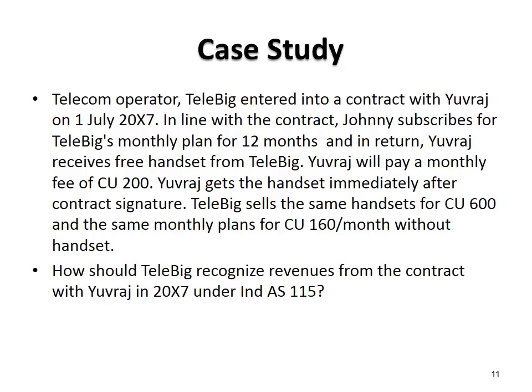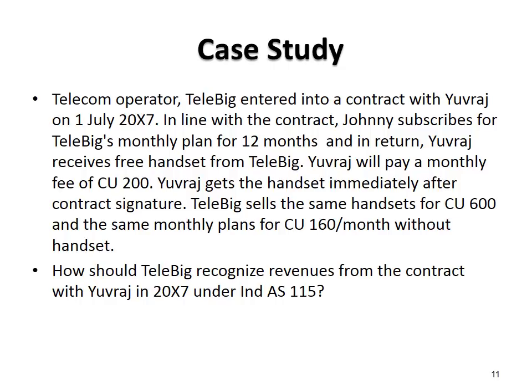Yuvraj will pay a monthly fee of 200. Yuvraj gets the handset immediately after contract signature. Telebig sells the same handset for 600 and the same monthly plan for 160 per month without handset. How should Telebig recognize revenue from the contract with Yuvraj in 2017 under Ind AS 115?